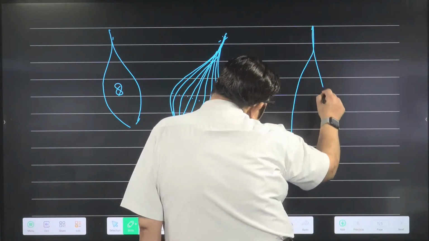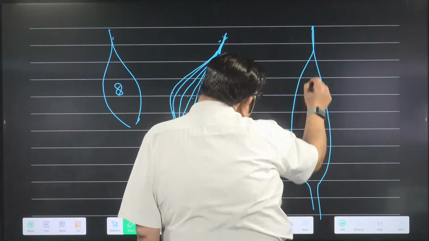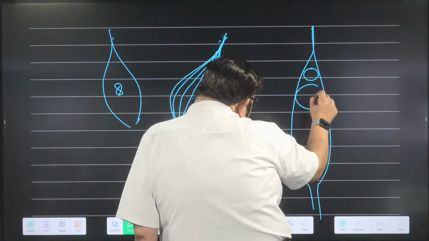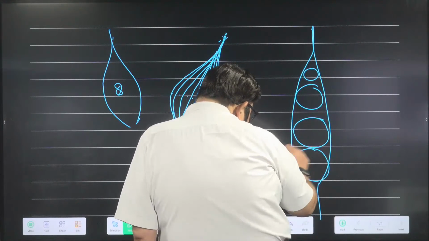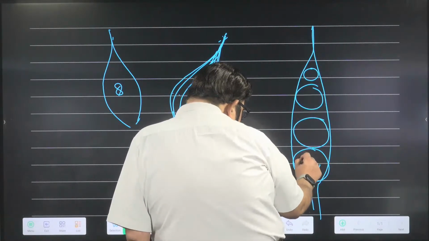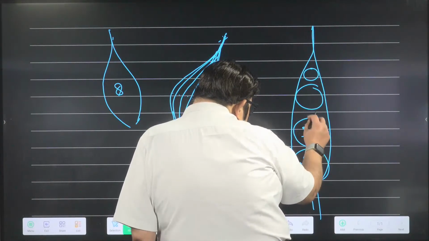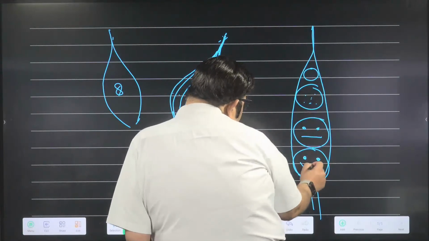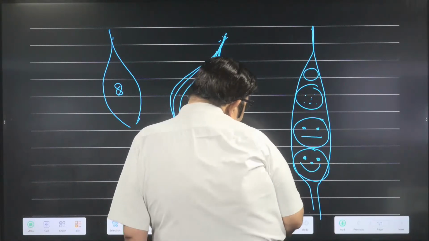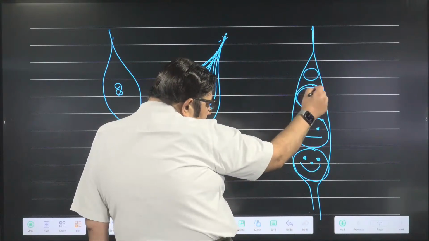The ova is developing, and in the bottom is the most developed part. Here it is almost developing. Here it is in the developmental phase, okay? And this is the most developed part here. So these are the developing stages of egg in the ovariole.